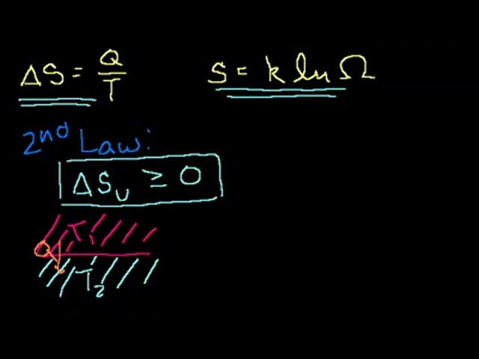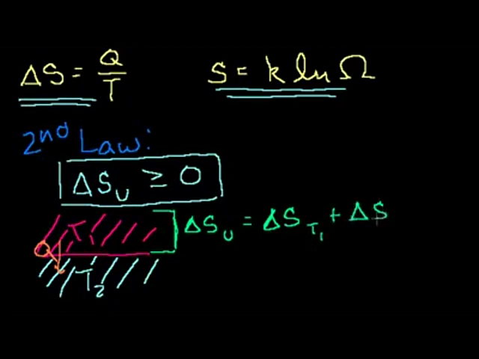So what's the net change in entropy? The second law of thermodynamics says that the change in entropy for the universe is greater than 0, but in this case that's equal to the change in entropy for system 1, that's this hot system up here, plus the change in entropy for system 2.